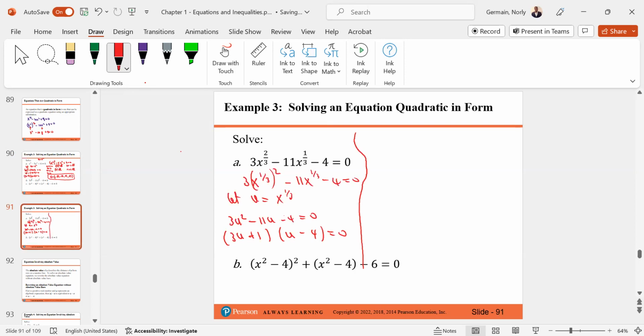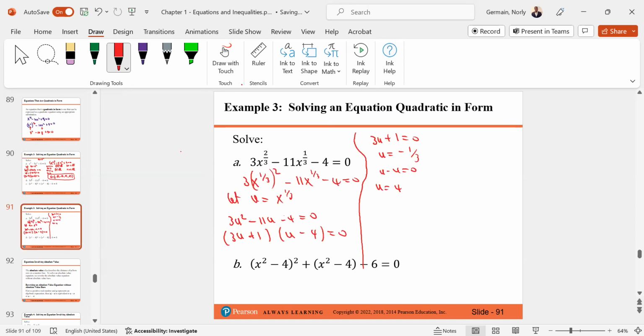Now, look, we have 3u plus 1 equal to 0. u would be negative 1/3. And we have u minus 4 equal to 0. u would be positive 4.